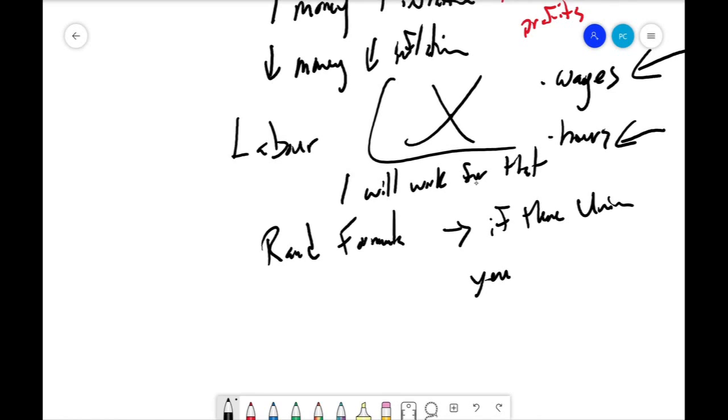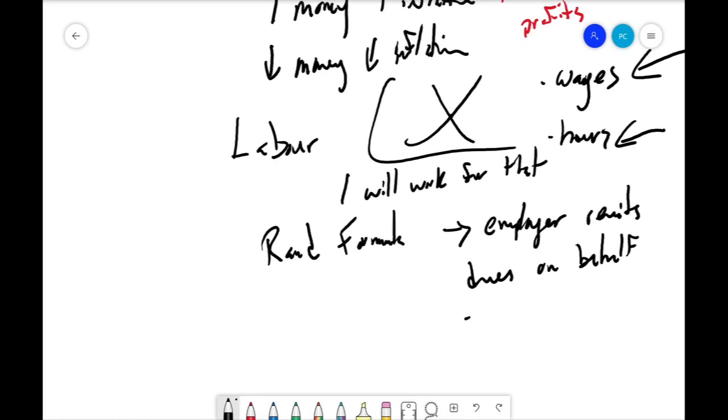Basically, the Rand formula makes it so the employer remits dues on behalf of the union. Okay.